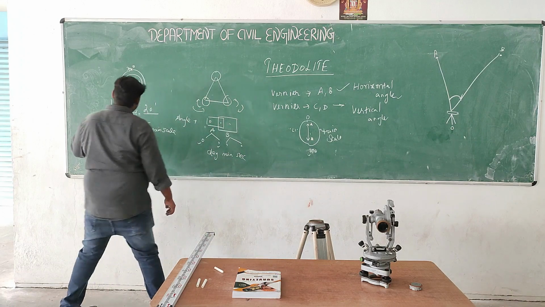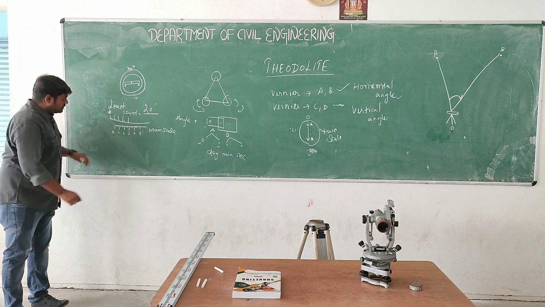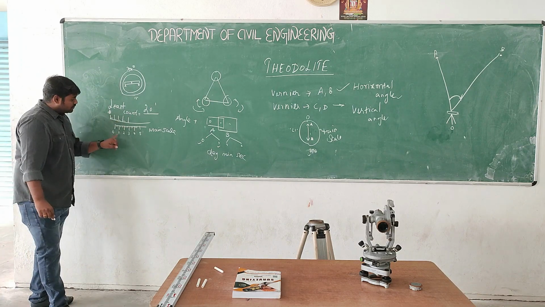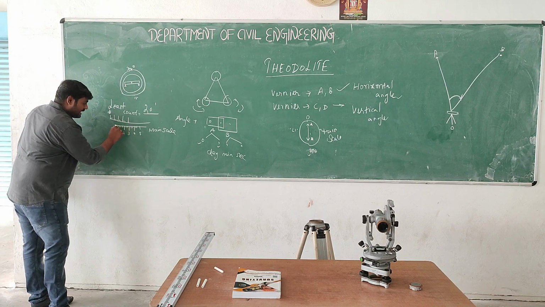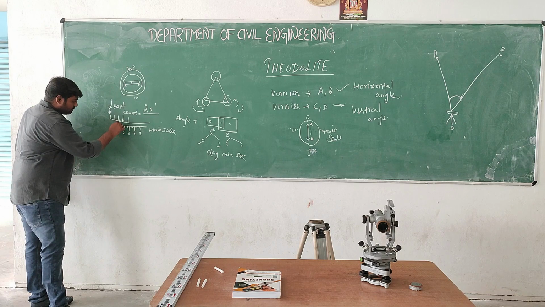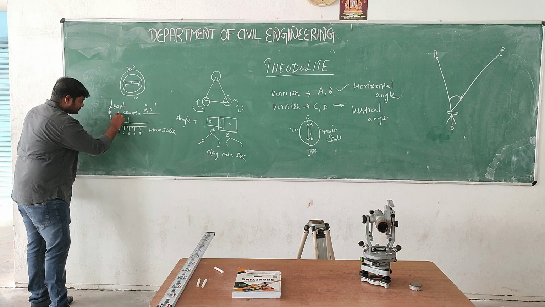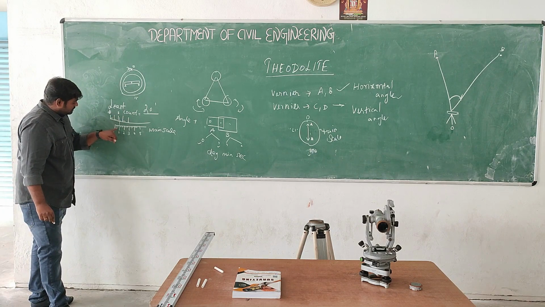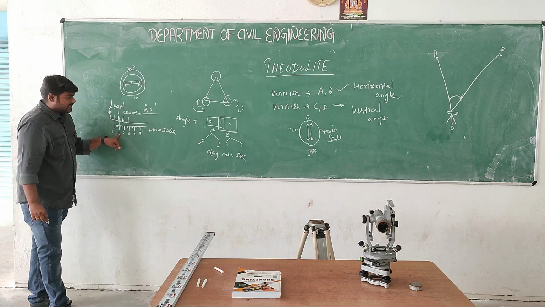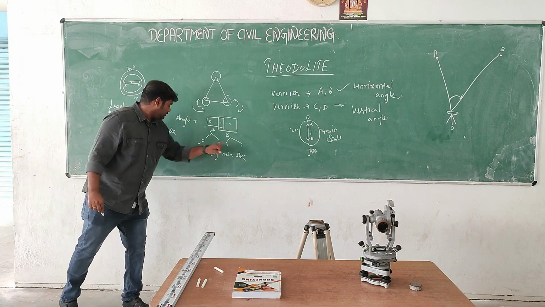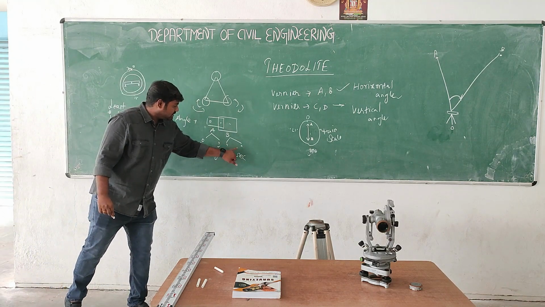For example, in this diagram, if these two points on vernier B and the main scale coincide, we take this as 0 degree, this is exactly 1 degree, and the coinciding point gives minutes and seconds, for example 1 minute 0 seconds.